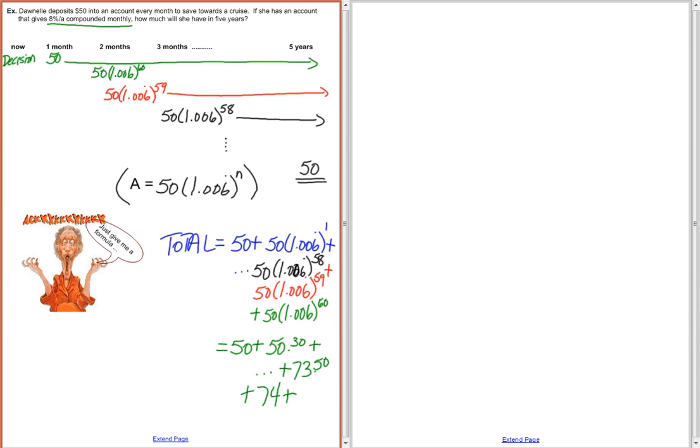And the last one, $74.50. We would have to calculate each one of those. I've only done a couple of them and add them all up. Notice that this is the sum of a geometric sequence.